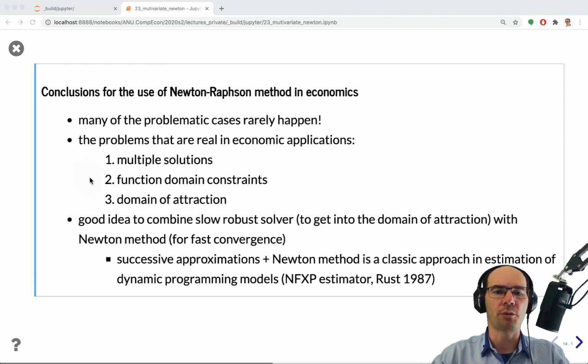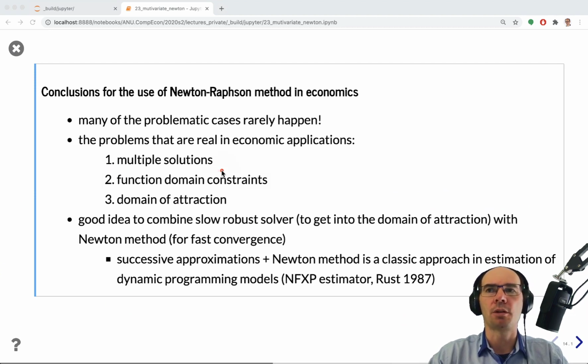How do we deal with all of these problems which still remain? Well, multiple solutions is a theoretical property. So there's not much to do except for theoretically analyzing the model at hand and seeing whether there might be multiple solutions there. Numerically, you can try the approach that we will label Monte Carlo later in the course, where you basically start Newton from a bunch of different starting values and see whether all these runs converge to the same solution.